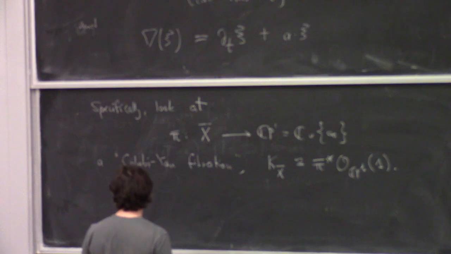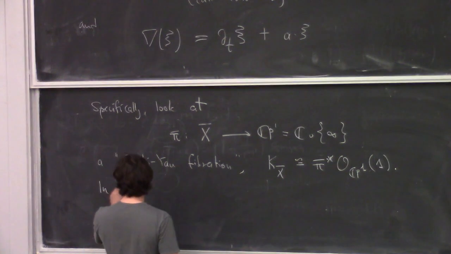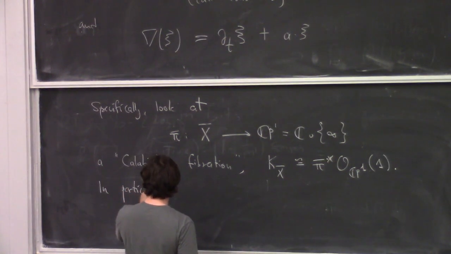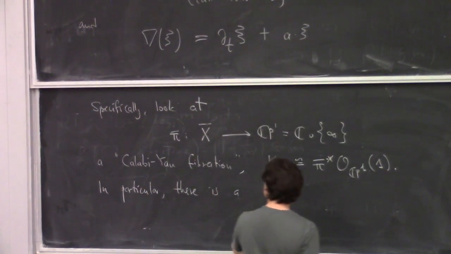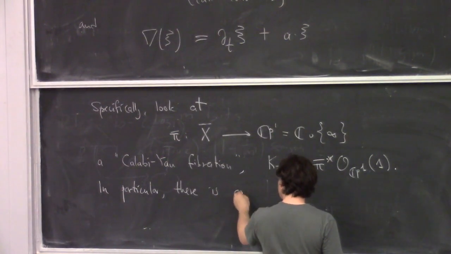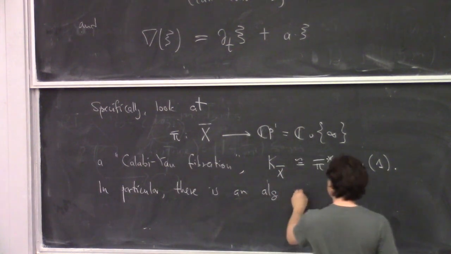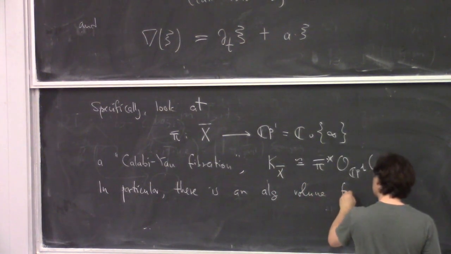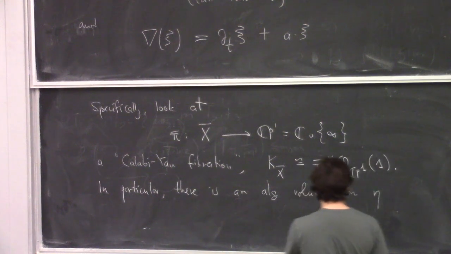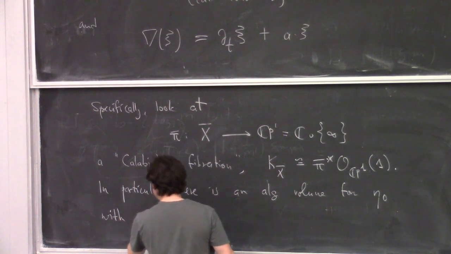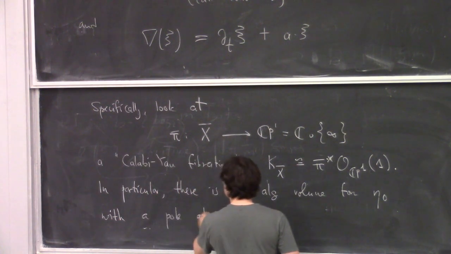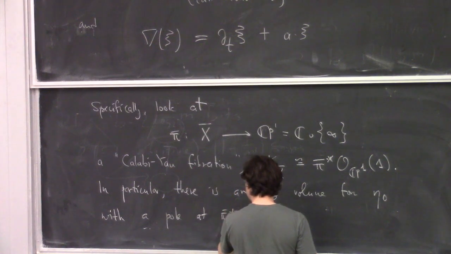Okay, so in particular, there is a form eta 0 with a pole at x.